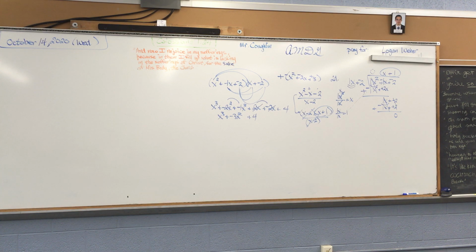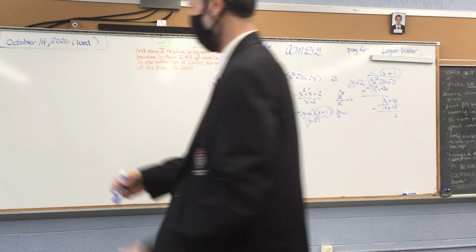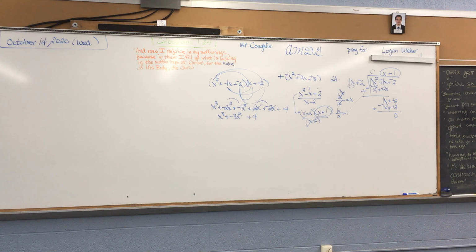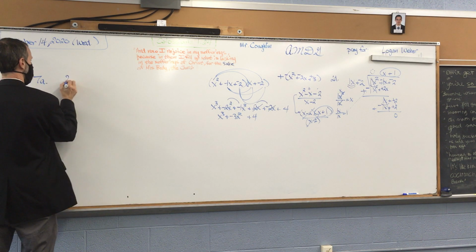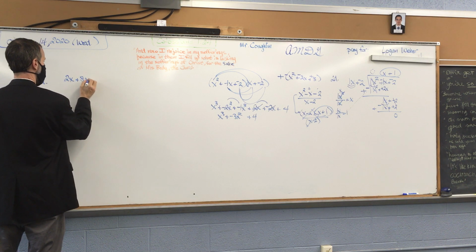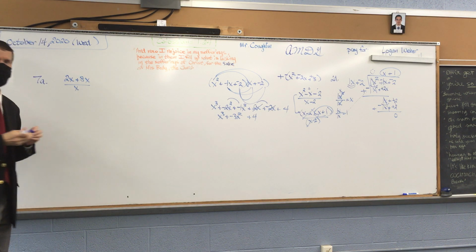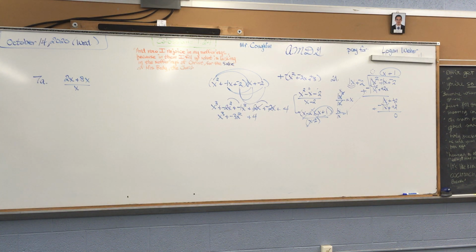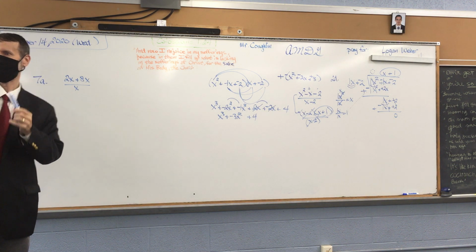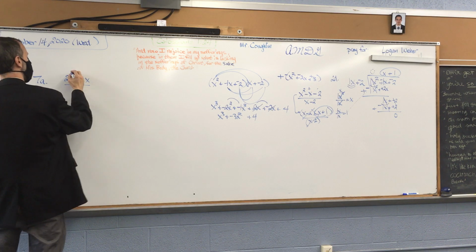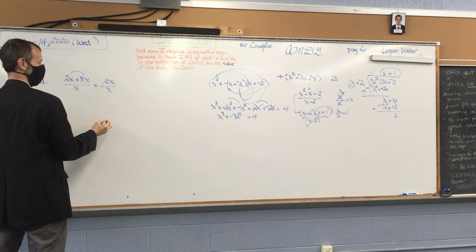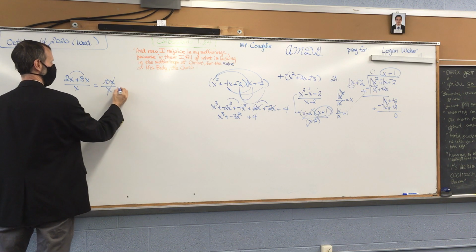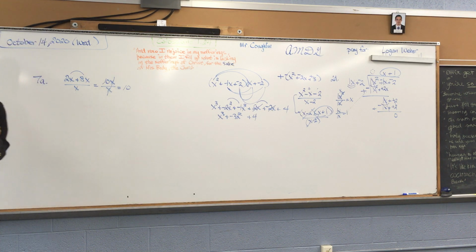So let me see if we can get this thing to fly. 2x plus 8x over x. Now again, usually there's a rule that says simplify before you solve. Is there anything we can do? Yeah. You can add the 2x and the 8x. What does that make? 10x over x. What does that do? The x's cancel and you have 10. Does that make sense?